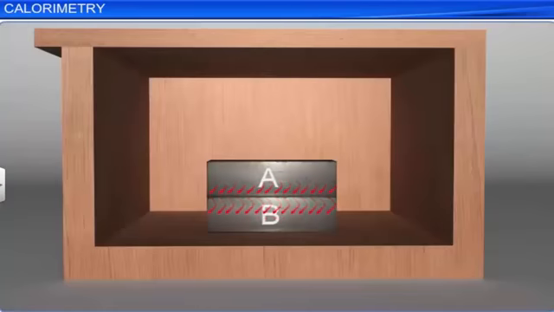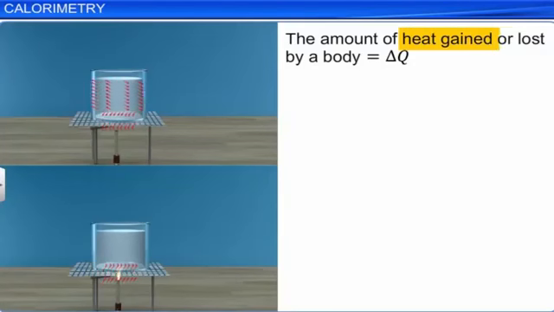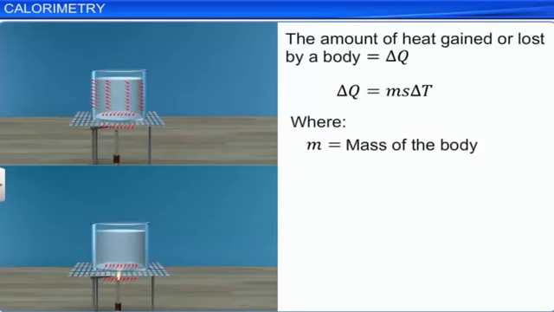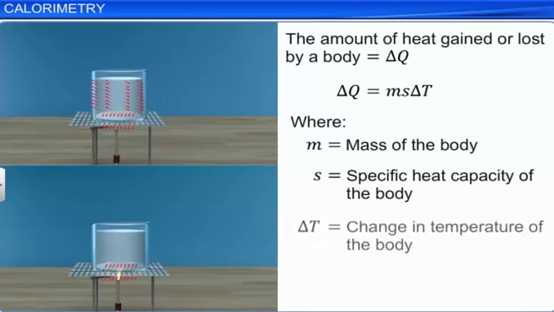Calorimetry is the science of measuring heat. Heat gained or lost by a body is expressed by the equation delta Q equals M S delta T, where M is the mass of the body, S is the specific heat capacity of the body, and delta T is the change in temperature of the body.